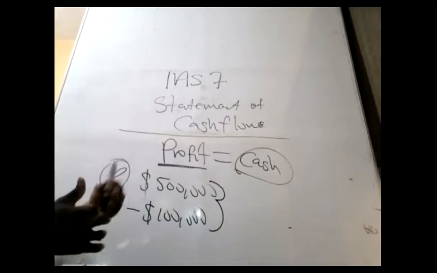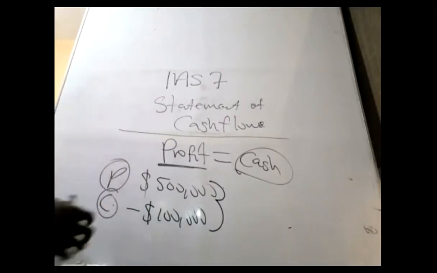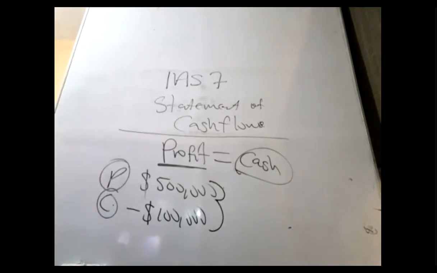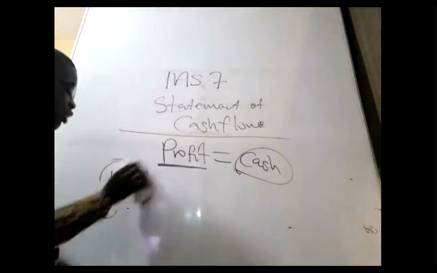Let's prepare a statement to bring this balance to conclusion. Let them agree. That is all. Now, profit is not equal to cash, and we have to prepare a cash flow statement to reconcile this difference.